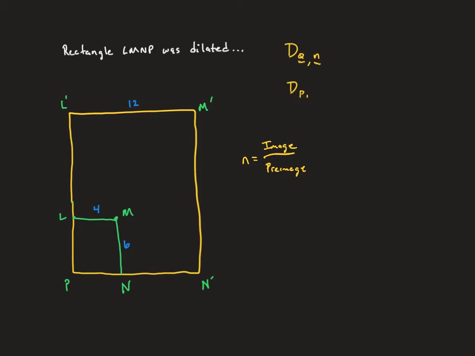Here I know that I have the associated corresponding sides. So I have L prime M prime divided by LM. Then we can use the identified lengths of 12 divided by 4, which is going to be 3. So my scale factor should come to a 3.